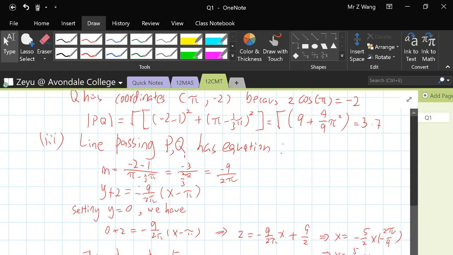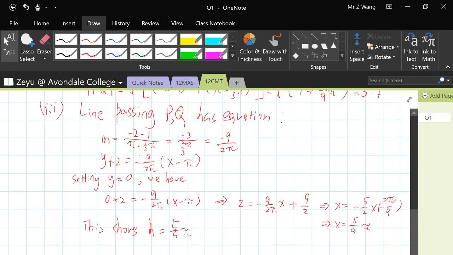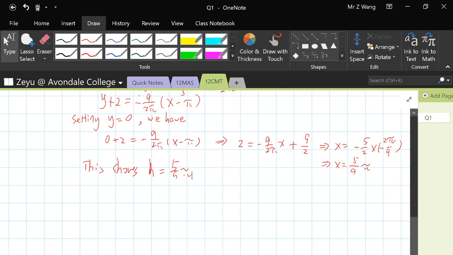Find the value of k. The value of k is the y-intercept. Setting x equals 0, we have y plus 2 equals negative 9 over 2 pi times 0 minus pi.